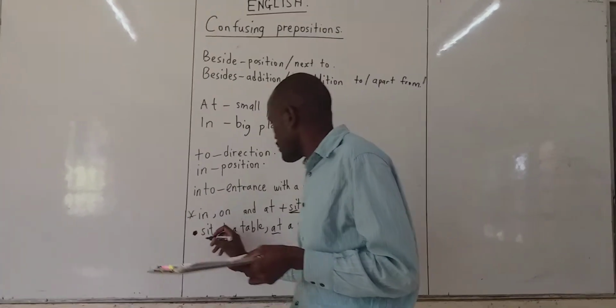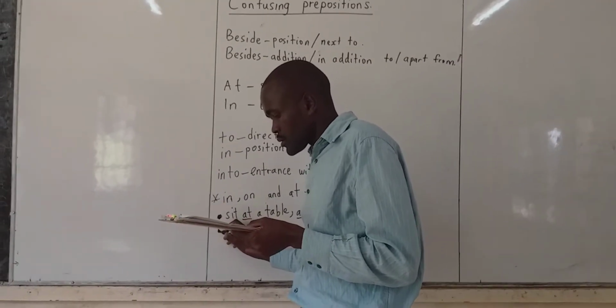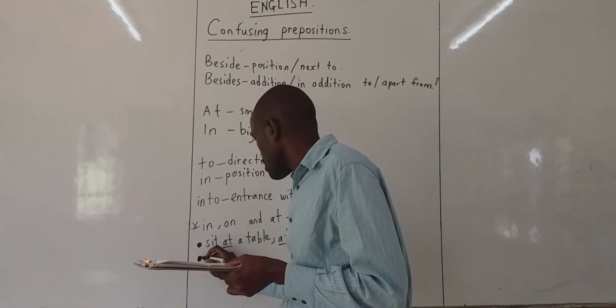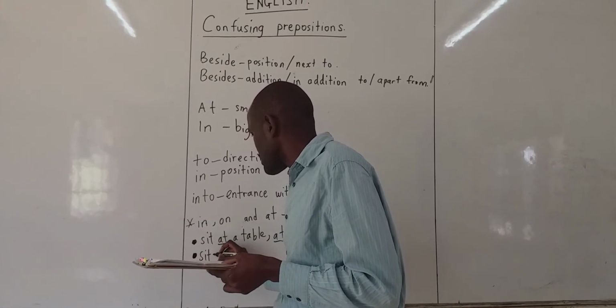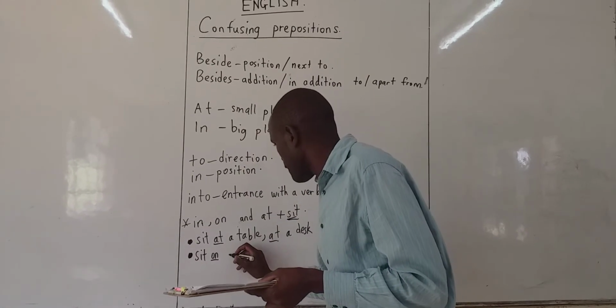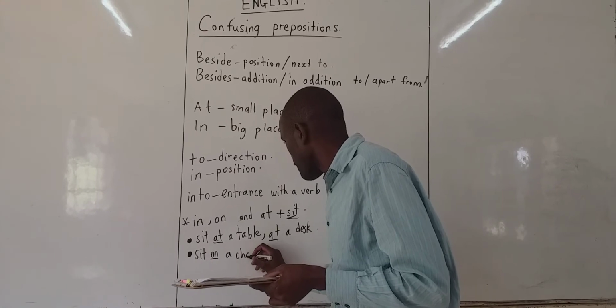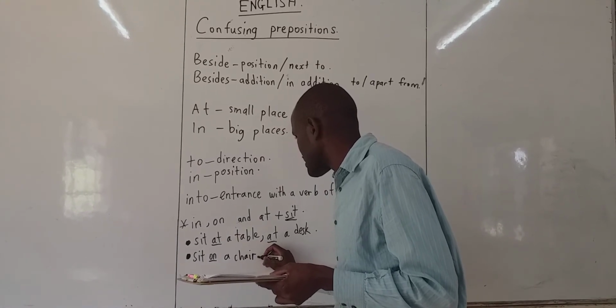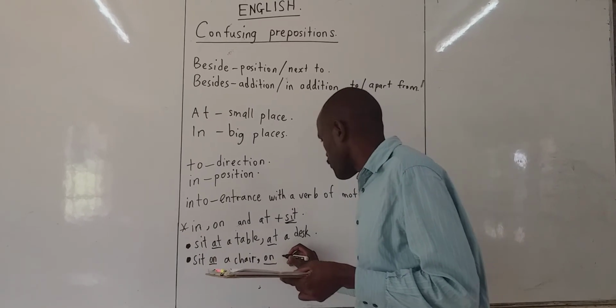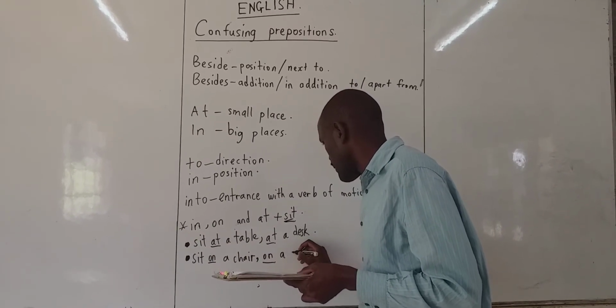Okay? And then let me talk about sit on. When you introduce on, you can say sit on a chair, or you can say sit on a sofa.